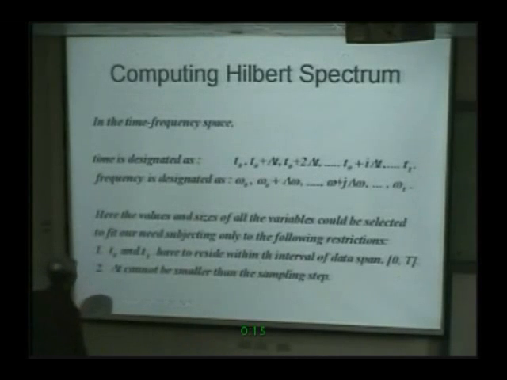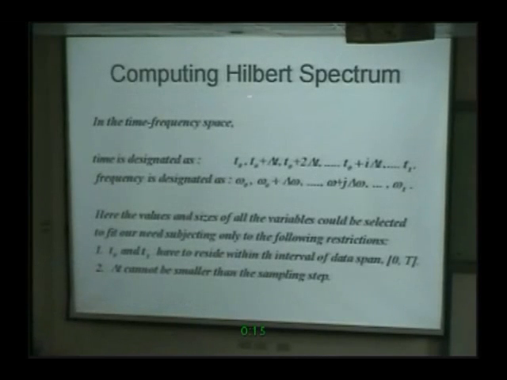The freedom of our choice of frequency and time resolution makes the marginal spectrum evaluation much more complicated. It's so complicated that I was totally confused for a long time. So we need to define it rigorously so that we can make comparison.